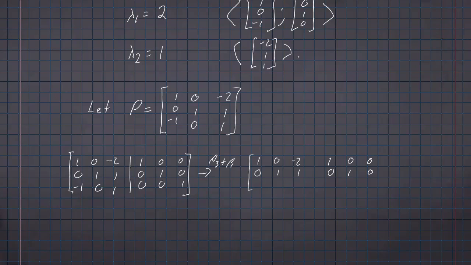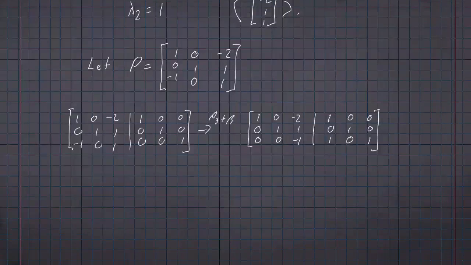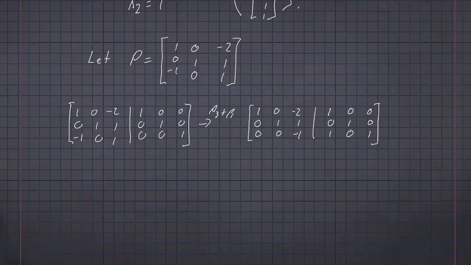Let's see, negative 1 plus 1 is 0, 0 plus 0 is 0, 1 plus negative 2 is negative 1, 1 plus 0 is 1, 0 plus 0 is 0, and 0 plus 1 is 1. From here, take the opposite of row 3.